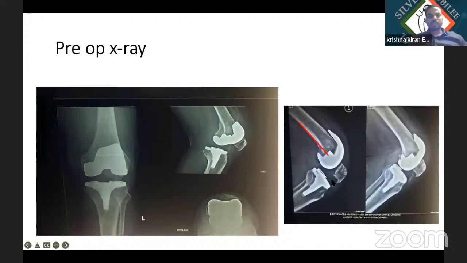So we took the anterior drawer stress radiographs and we found that there was a grade 3 laxity in flexion. And the flexion deformity also suggested, with an 18 millimeter poly, that something had gone wrong, probably a flexion extension mismatch, which could not be addressed by the thicker polyethylene.